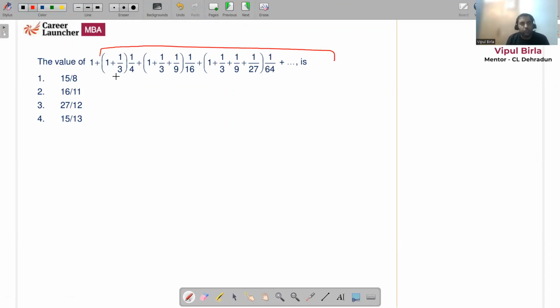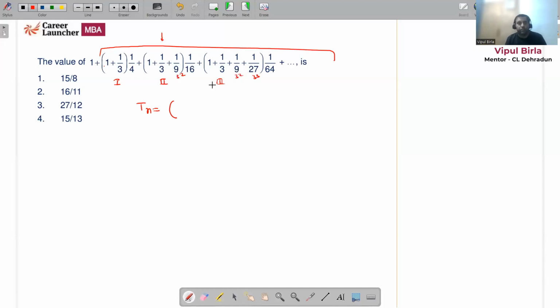So if I say this is my first term, this is my second term, third term, and so on. The first term will have 1 upon 4, the second term will have 1 upon 4 square, the third term will have 1 upon 4 cube. So if we talk about the nth term of this, Tn, in the first term we have 1 plus 1 by 3, in the second term 1 plus 1 by 3 plus 1 by 3 square, in the third term 1 plus 1 by 3 plus 1 by 3 square plus 1 by 3 cube.